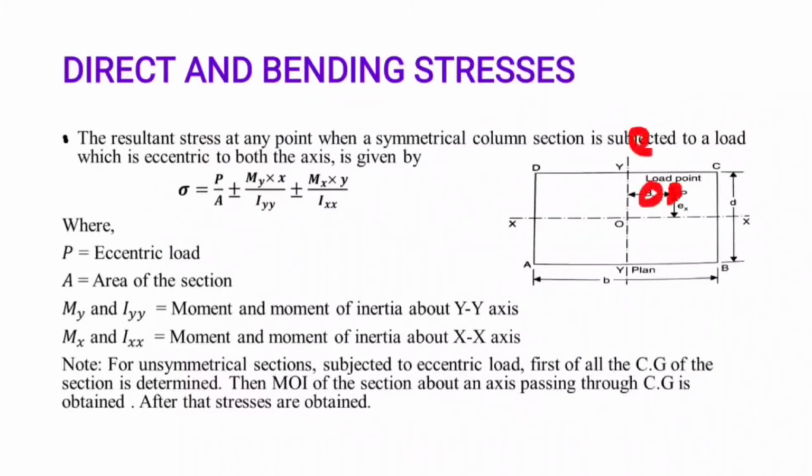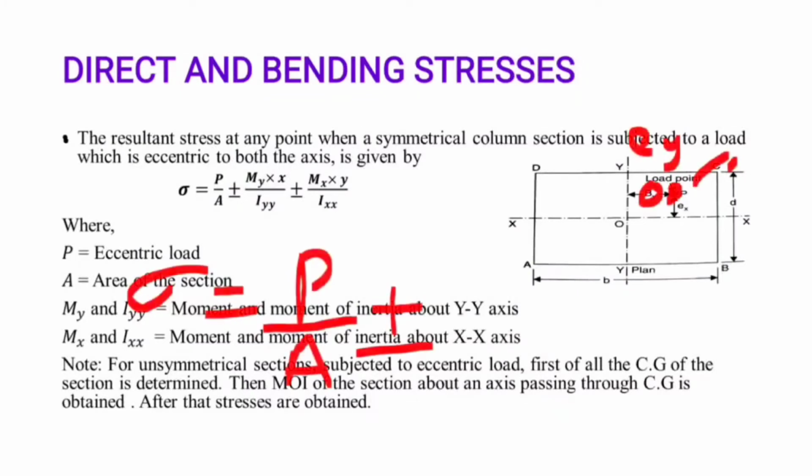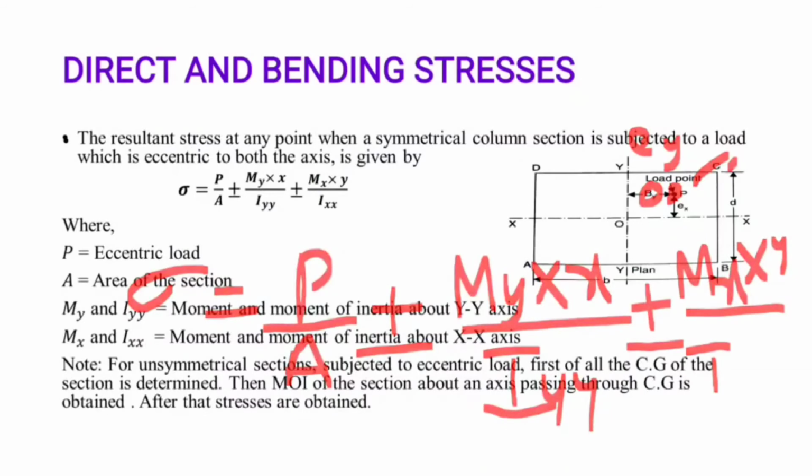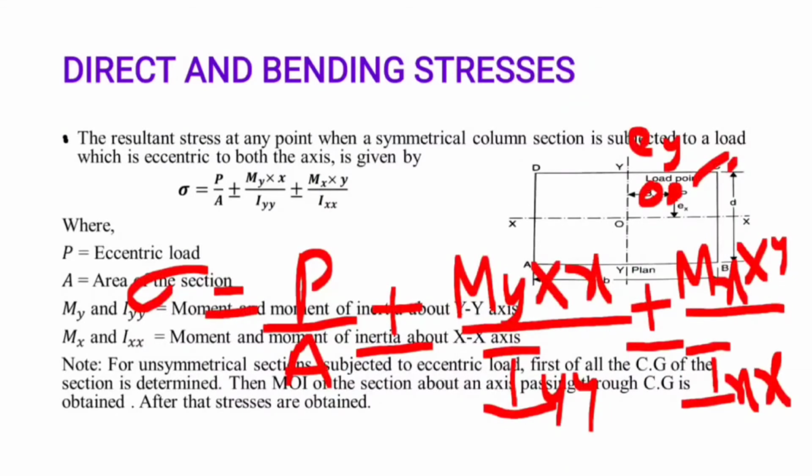It is Ey, eccentric in the y-axis. Then the resultant stress will be P by A plus or minus My into x by Iyy plus or minus Mx into y by Ixx. This is a general formula.